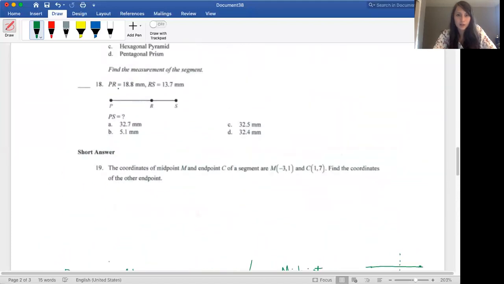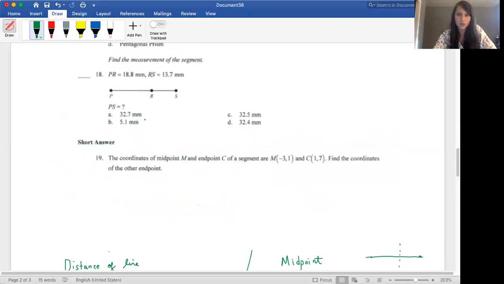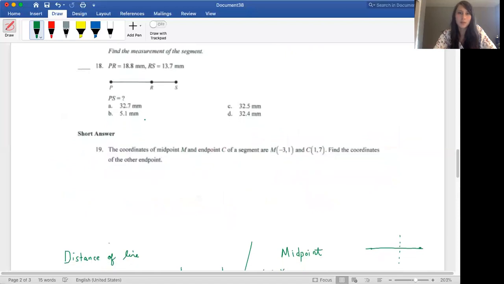So number 18 says find the measurement of this segment. Okay, this one doesn't really apply to the equations we just looked at, but we can still work this out because we did do problems like this, right? So if I know that PR is 18.8 and RS is 13.7, what would the entire length of the entire segment PS be?